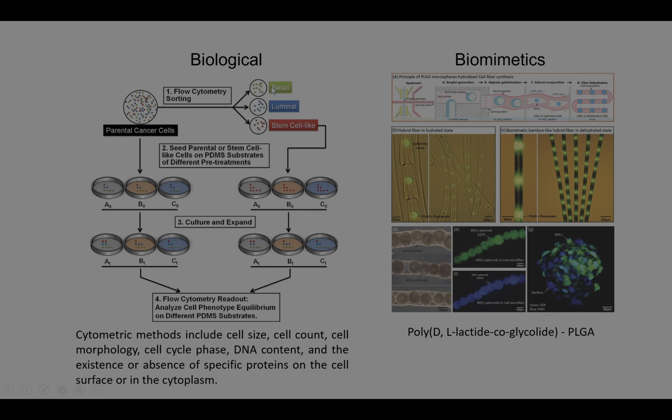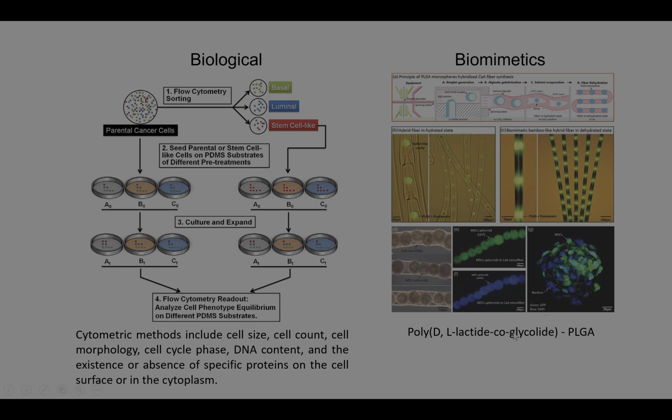For that, there are three different categories of cells: basal, luminal, and stem cell-like. Then they grow in a 3D substrate and are given repeat treatment. Then culture expansion happens. In the end, flow cytometry analyzes the cell phenotype equilibrium.